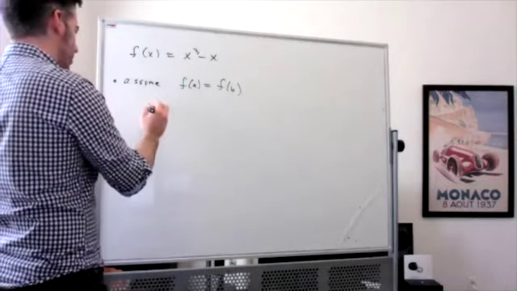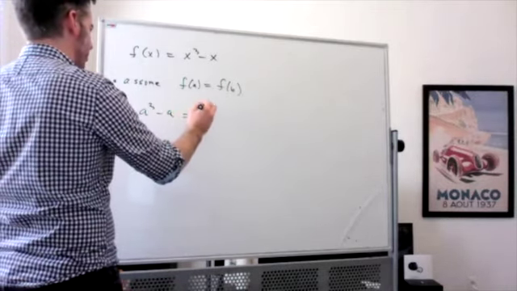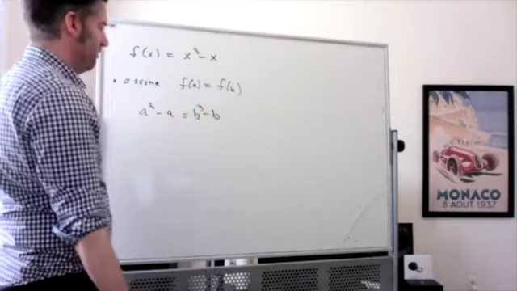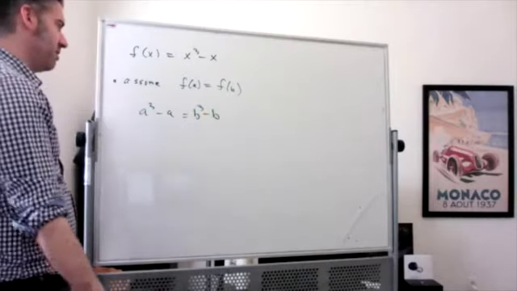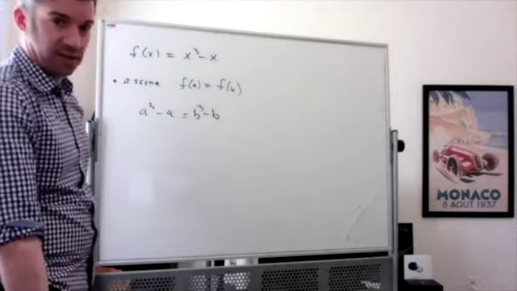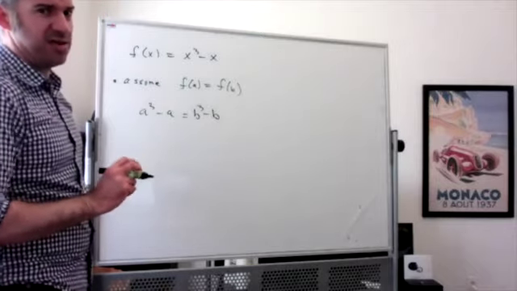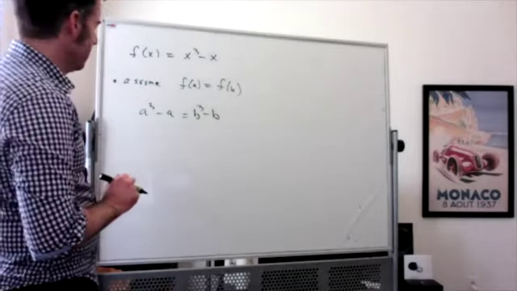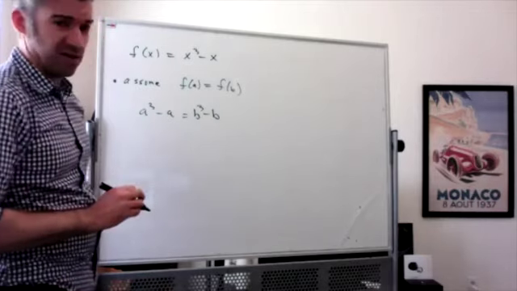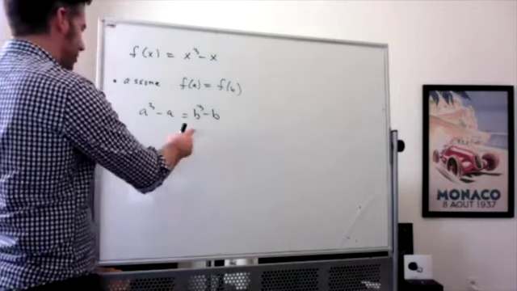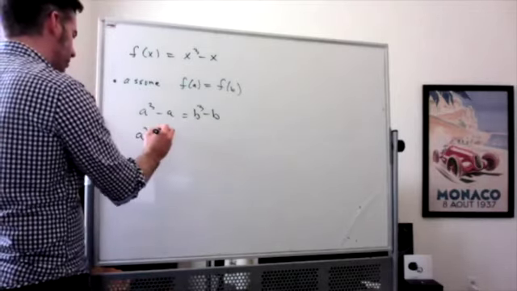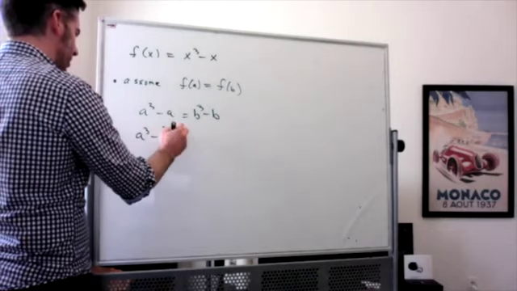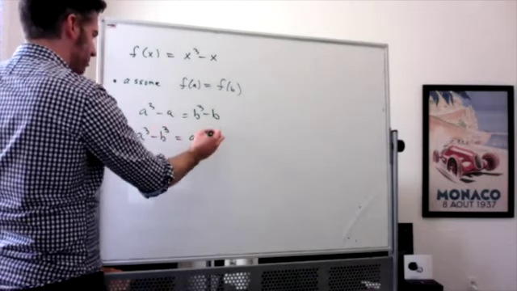So a cubed minus a equals b cubed minus b. Ugh. This looks unappetizing. This is going to get kind of funky. Here's what I want to do, even though I don't really want to do it. I'm going to subtract b cubed, and I'm going to add a.